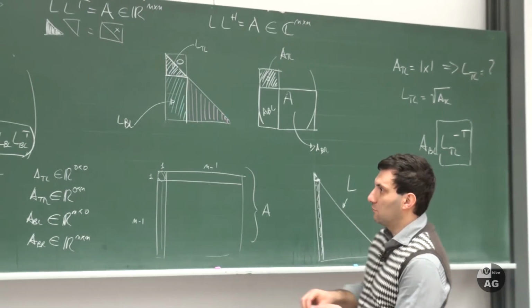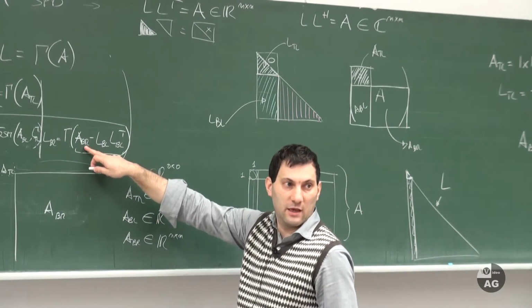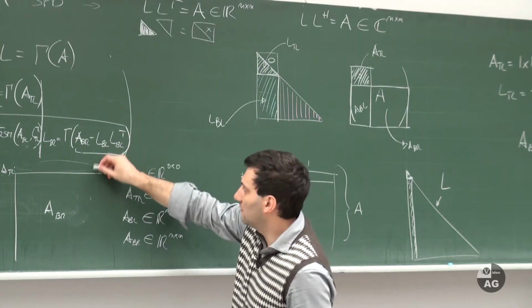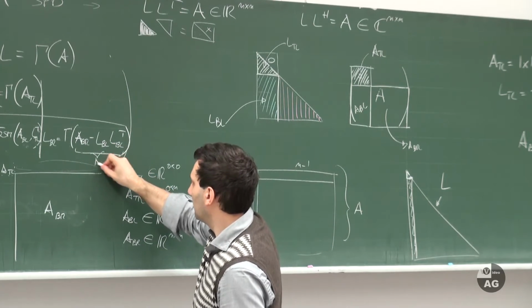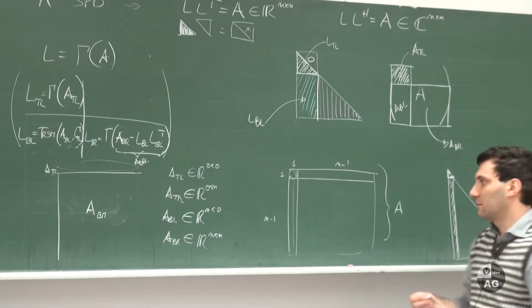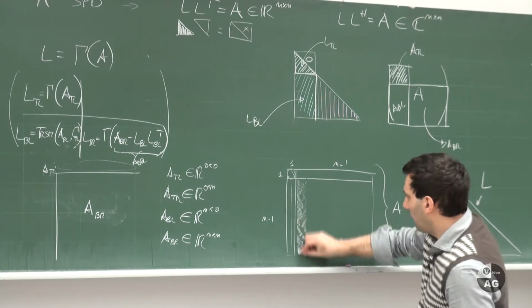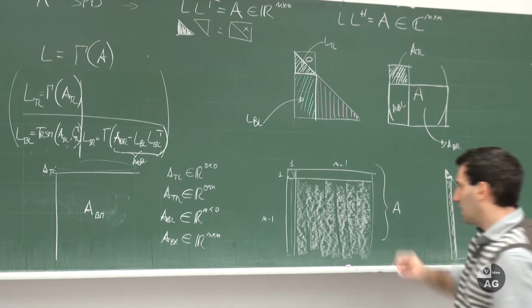And what that means is that I can overwrite, I can replace A bottom right with A bottom right minus blah blah blah. So all of these we put in A bottom right, we overwrite. So all this A gets overwritten.